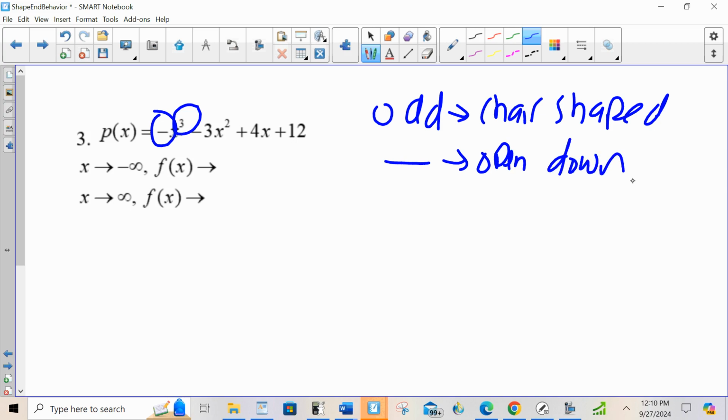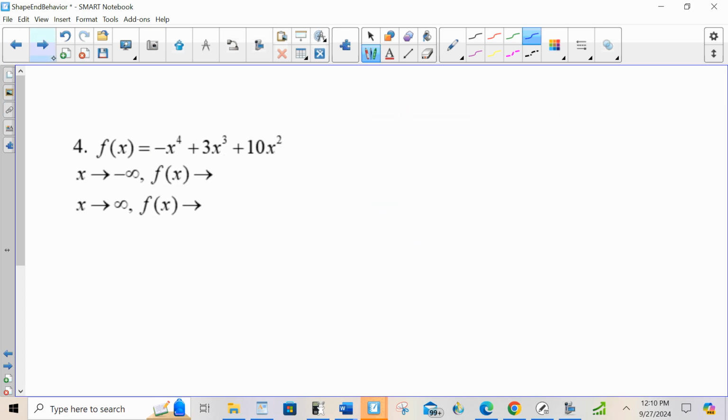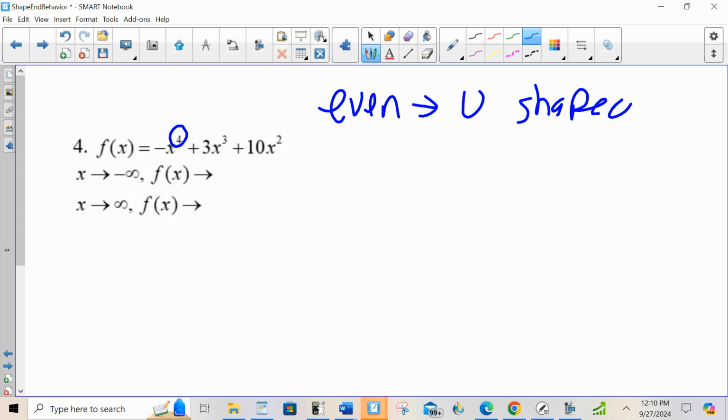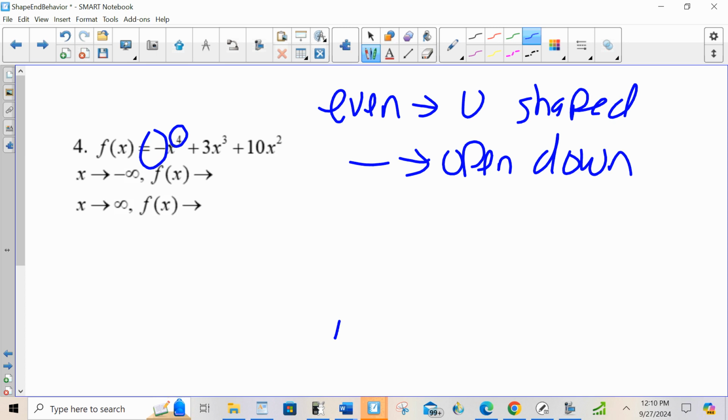So chair-shaped, opening down, it's going to look like that. And number 4, it's got an even degree, so it's U-shaped. And it's got a negative leading coefficient, so it's going to open down. U-shaped, opening down, it's going to look like that.